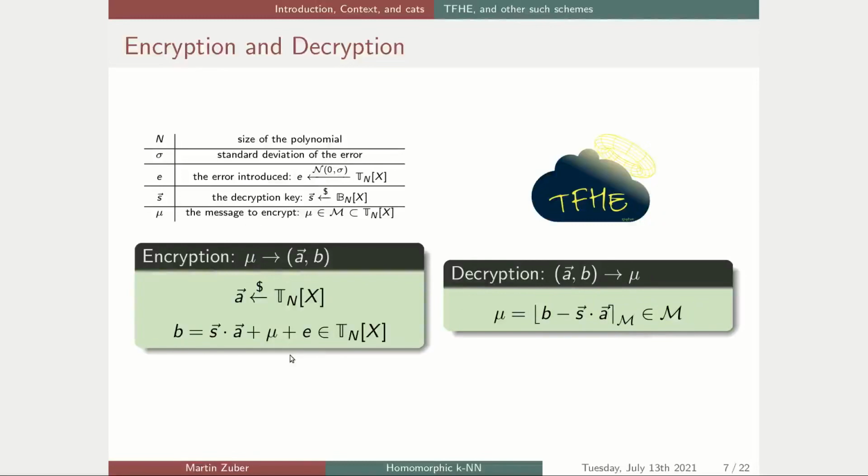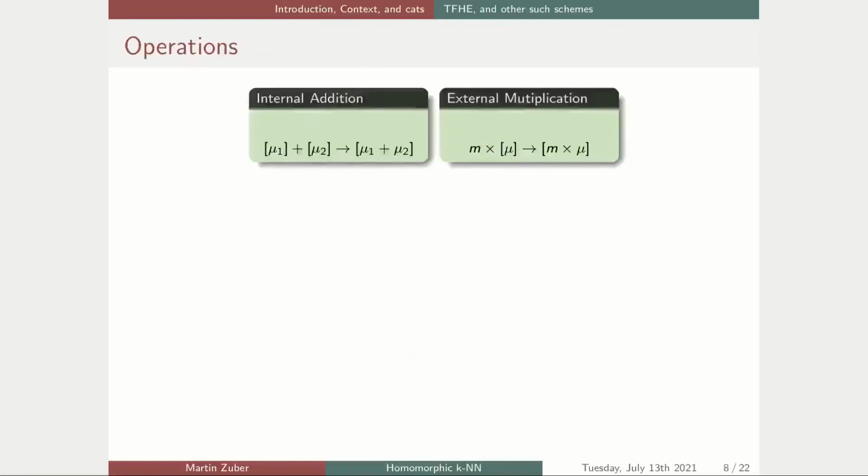That means that at decryption time, the message that is retrieved has to be matched to the closest message in the message space. Now, the operations that we have are internal addition, a ciphertext with a ciphertext, and an external multiplication of an integer clear text with a ciphertext.